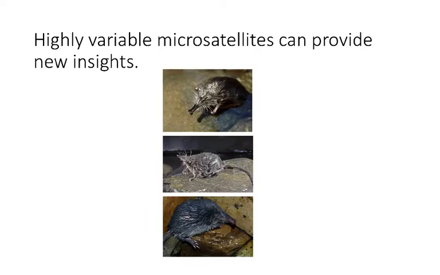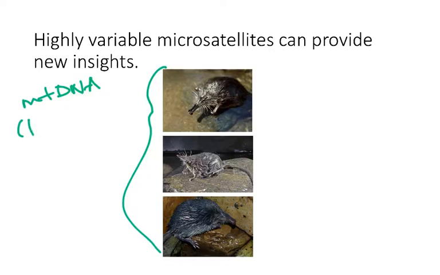With this particular species, they've done different types of studies. They have, in some cases, used mitochondrial DNA, which is, in relative terms, considered a low variability marker. And what they found when they used mitochondrial DNA was that all of these individuals are the same.